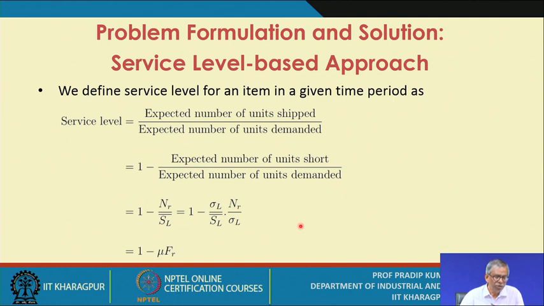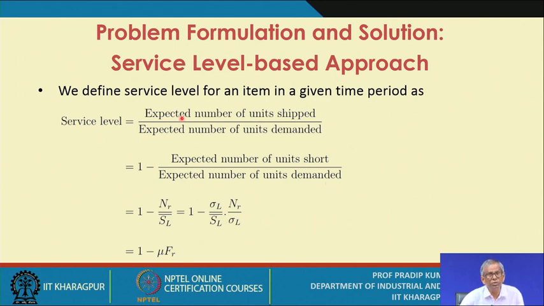We define service level for an item in a given time period. This is SLU, basically the service per units demanded. The service level is nothing but the expected number of units shipped divided by the expected number of units demanded, as already defined. This is 1 minus the expected number of units short divided by the expected number of units demanded.